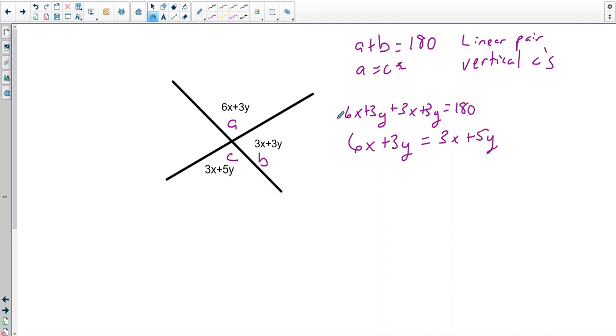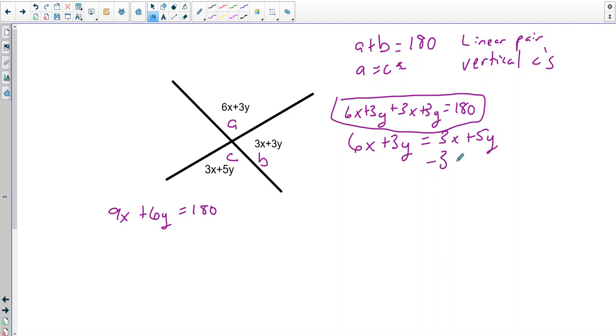So this first equation, if I want to rewrite this, I combine my like terms and I end up with 9x plus 6y will equal 180. Now if I want to get this equation set up, I'm going to bring everything over to one side, right?